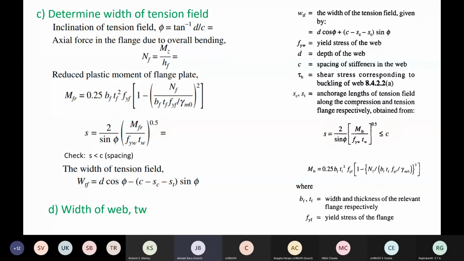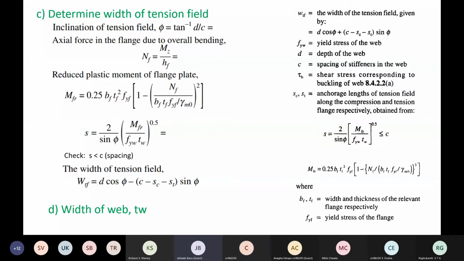So here BF is 450 mm. We have, Ma'am, 1808 kilonewton meter. Yeah. Okay. So after we have MFR, make sure all the units are uniform.